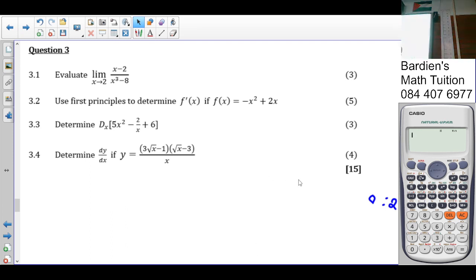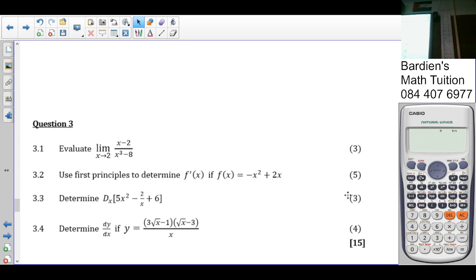Alright, so the first question was to evaluate. You got the limit as x approaches 2 of x minus 2 over x cubed minus 8.